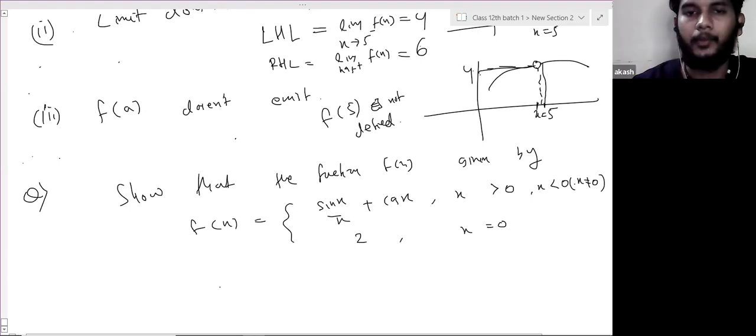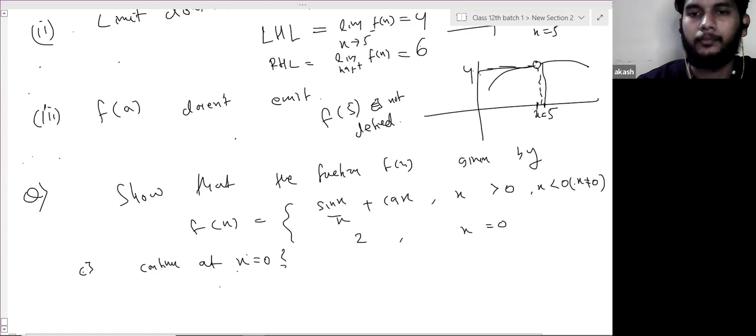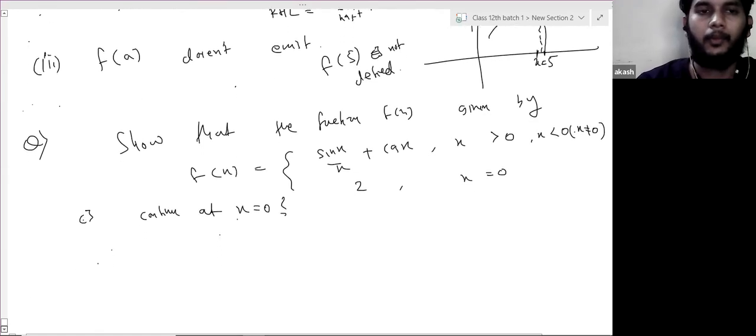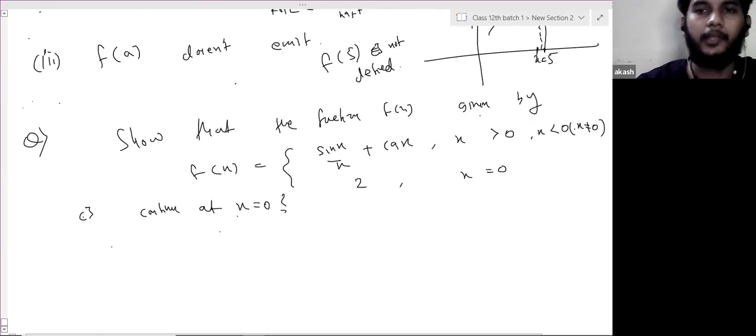All right. This is the question. We have to show that the function f of x given by this is continuous at x equals to 0. The function is defined as sin x upon x plus cos x when x is not equal to 0, and 2 when x is equal to 0.